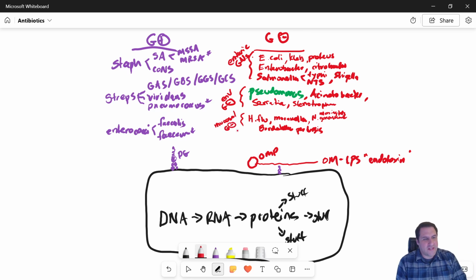Now, there's a whole bunch of other bacteria. Like, I went through the gram positives pretty fast. But don't forget, there's plenty of other gram positive bacteria we need to think about in medicine, but not going to encounter them that often.